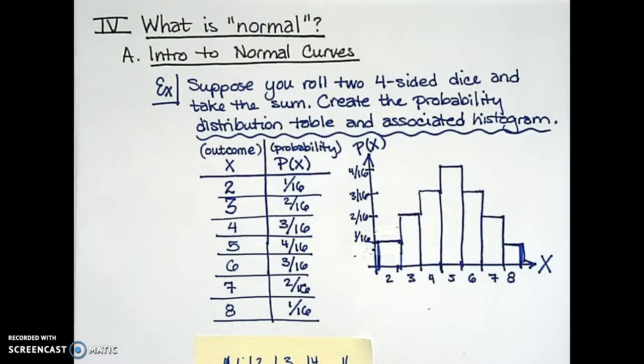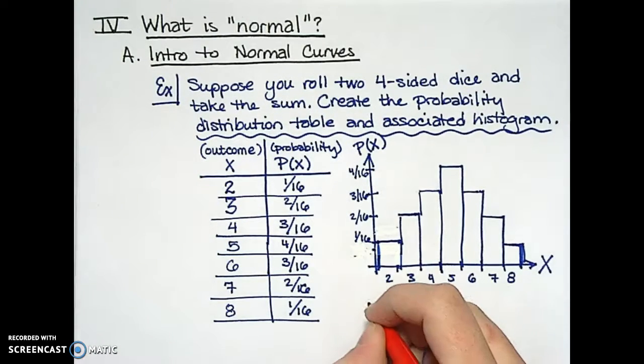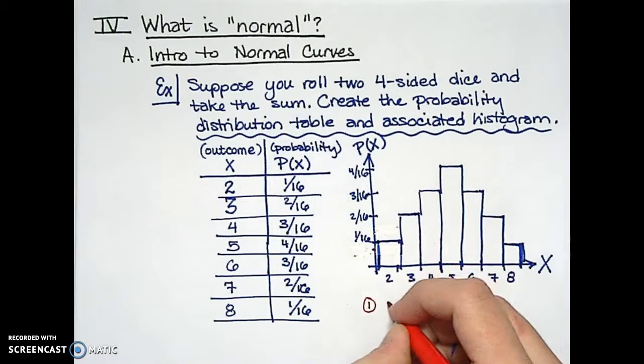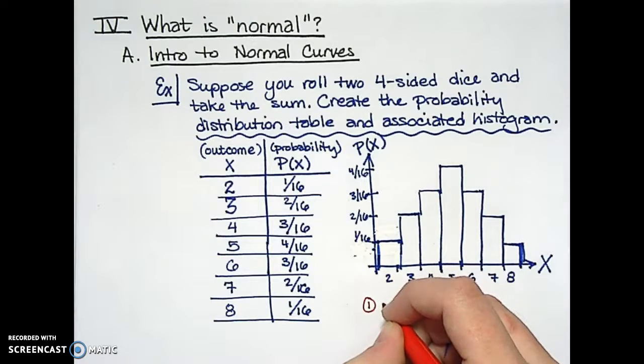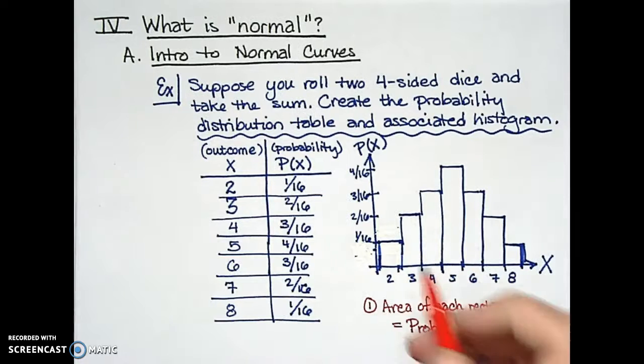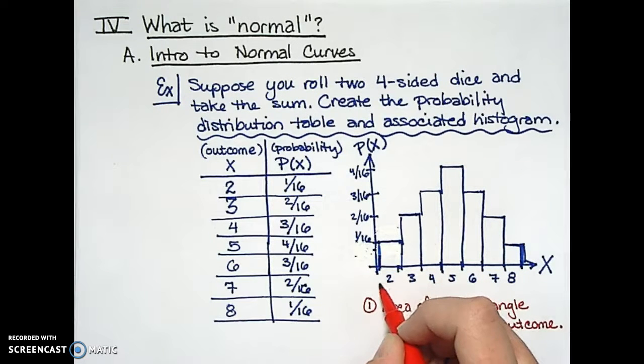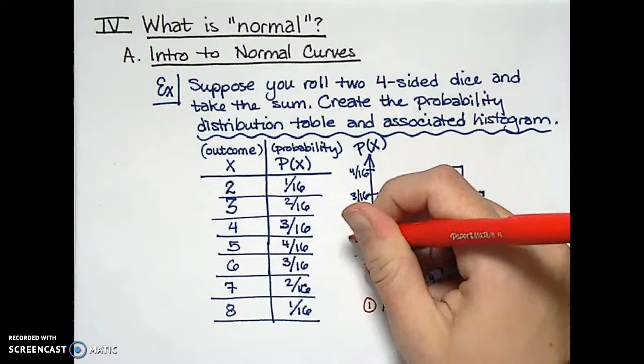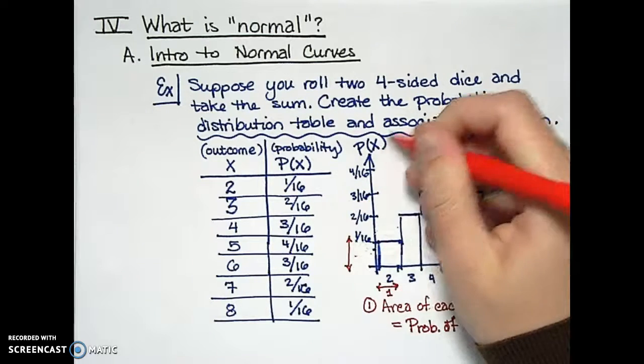Now, what are some things that we should observe about the probability distribution histogram? The first thing that we should observe is that the area of each rectangle is equal to the probability of that outcome occurring. Observe that the width, or the base, of each of these rectangles is 1 unit, and the height is dictated by their probability.